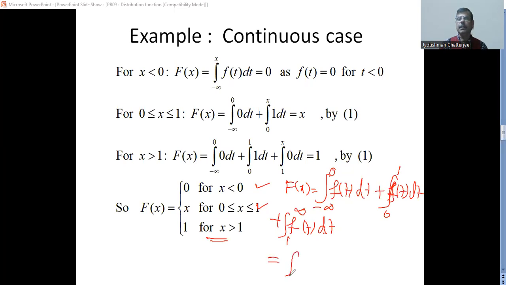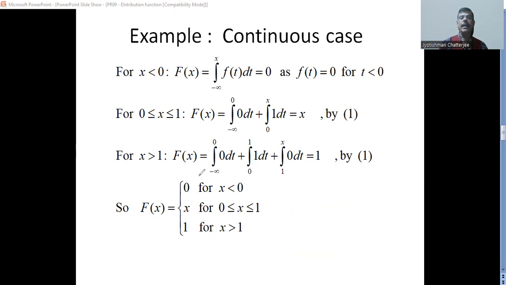That means 0 to 1, f(t) is there, 1 dt, and that is t. Done. So we have checked all the three cases.